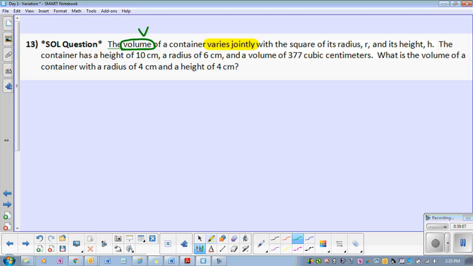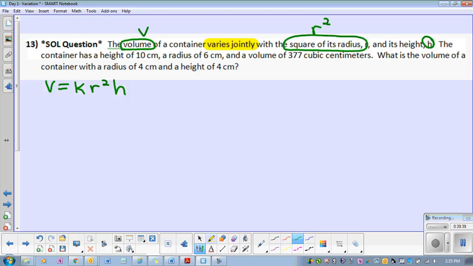And we can call volume V. Volume varies jointly with the square of its radius. Please don't leave that out, which is r. So that's r squared. And its height, which is h. That's our equation. Volume equals k, r squared times h.